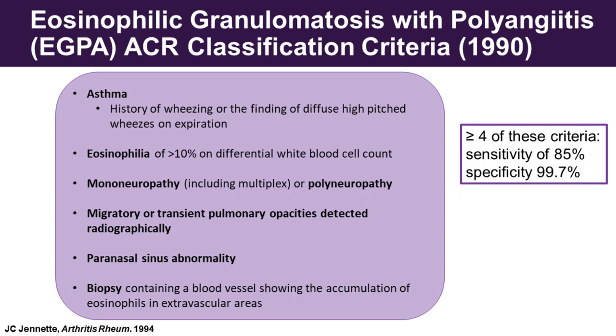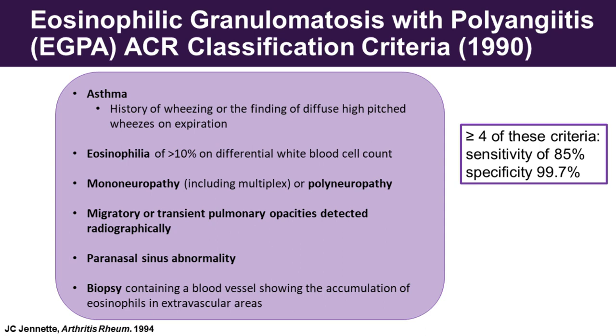So classification criteria, what are the classification criteria for EGPA? These were initially developed in 1990, and I just want to highlight there is a difference between classification and diagnostic criteria, and we tend to use those interchangeably, but classification criteria were really developed to include people in clinical trials.